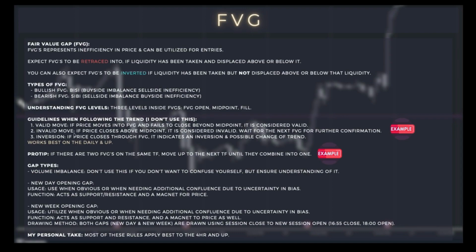An invalid move is if price closes above the midpoint, it is considered invalid. Wait for the next fair value gap for further confirmation. Third, it's the inversion. If price closes through the fair value gap, it indicates an inversion and possible change of trend. Now, I got a quick example here that I'm going to show you.